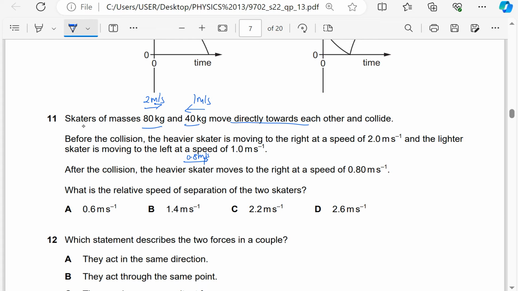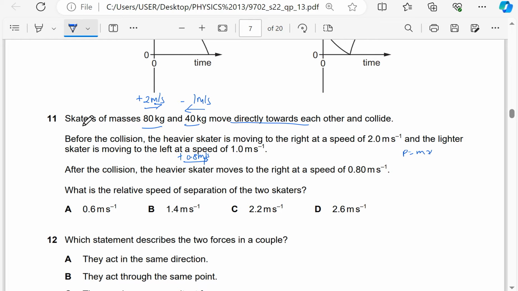Okay, so we want to find the relative speed of separation. I'll first consider conservation of momentum. We know momentum is equal to mass times velocity. Total momentum before collision: velocity to the right is positive, to the left negative.